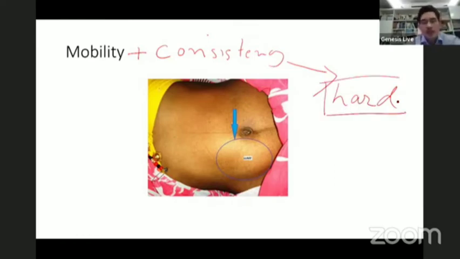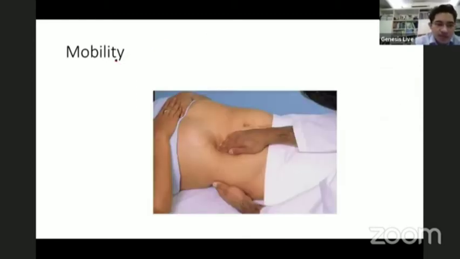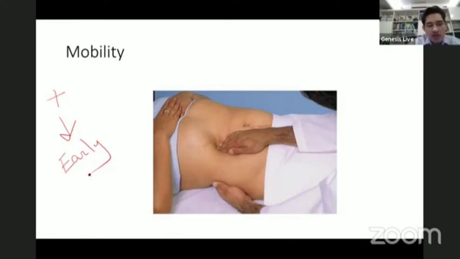The consistency would be hard. It may or may not be mobile. The lump, if it's an early lump, early malignancy, or a benign pathology, then it would be mobile.